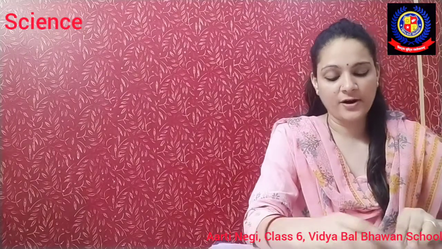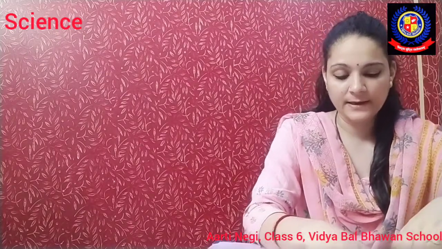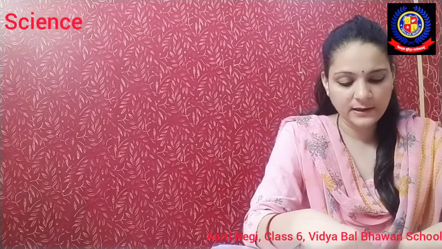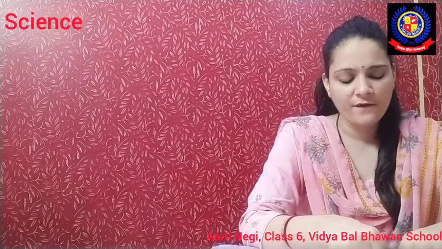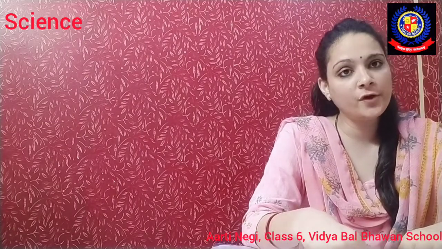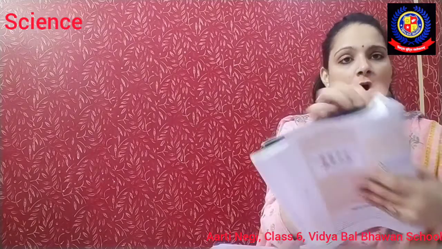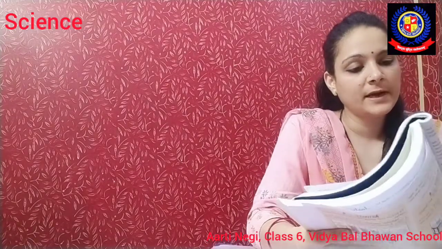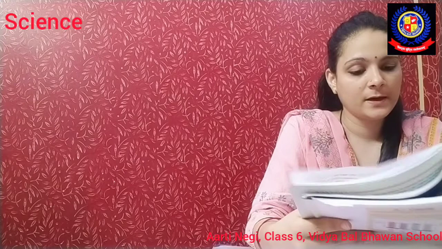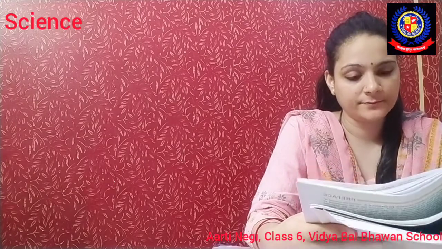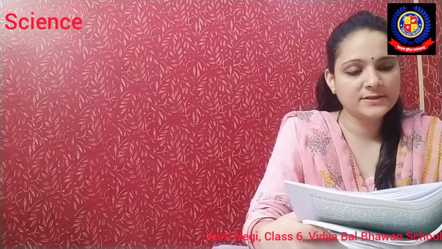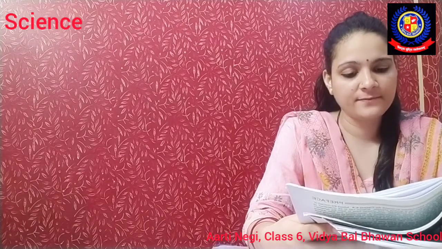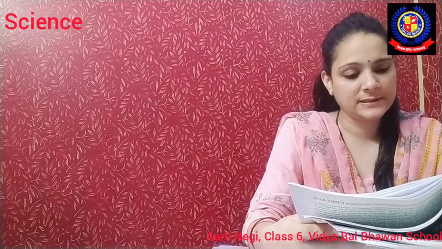Soluble, here are the definitions of these properties. It is common experience that when we put a spoonful of common salt or sugar into a tumbler filled with water and stir the contents, the sugar or the common salt completely disappears.